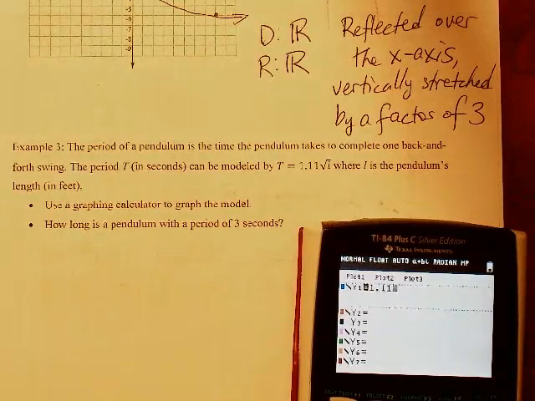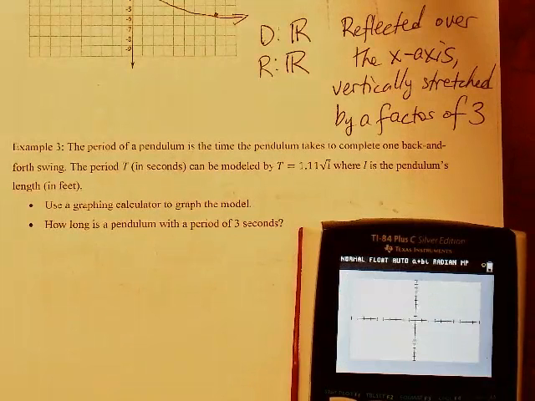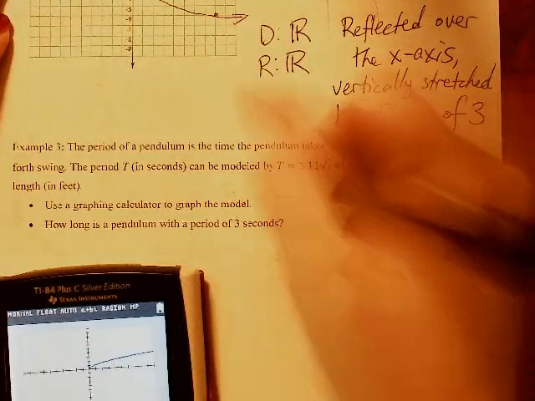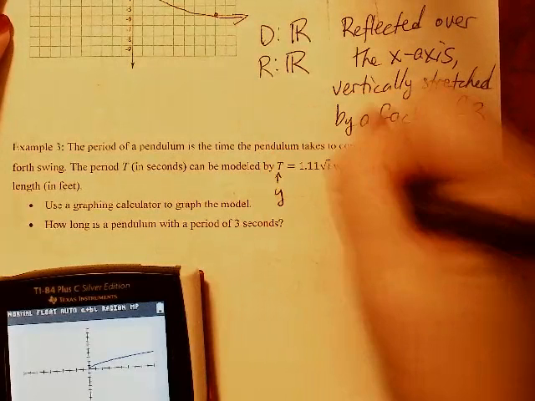So 1.11, the square root of L, or in this case x. Then we're going to graph it. So here is our function, and t is in seconds, so that's our y, and then L is our x.